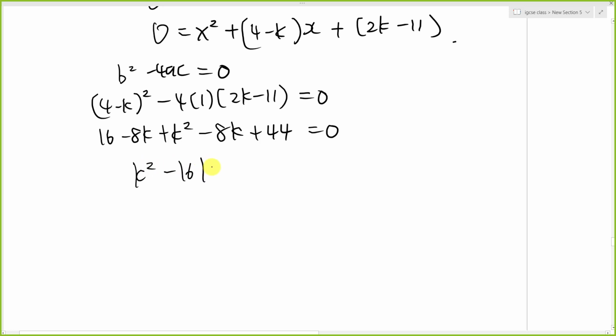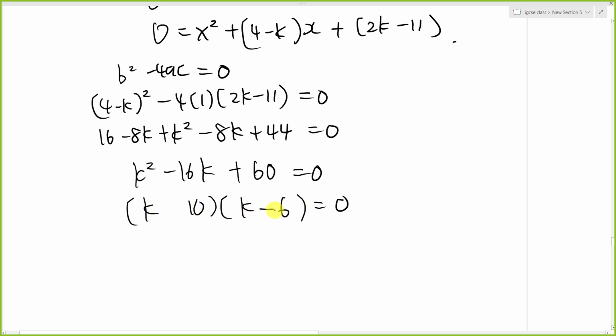Alright, k squared minus 16k plus 60 equals 0. Can it be divided by 8? No. Can divide by 4? No, because this is k squared. Okay, then factorize straight away, because 60 is not too bad. It's 10 and 6, minus for both. Then k equals 10 or k equals 6. This is how you get the two possible values of k.